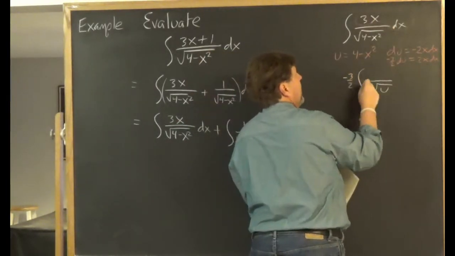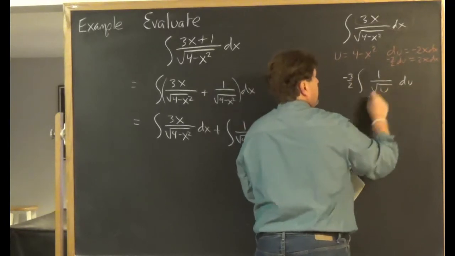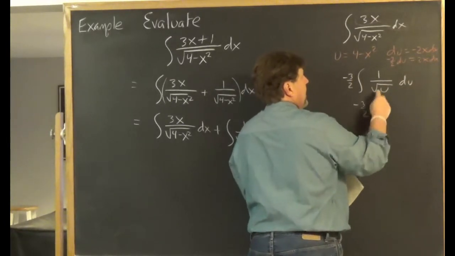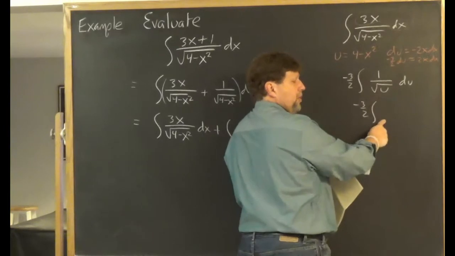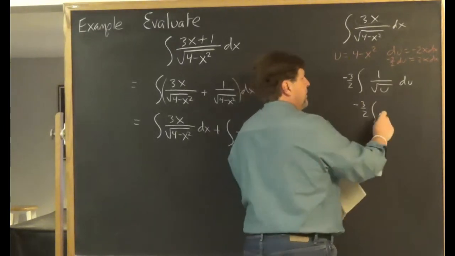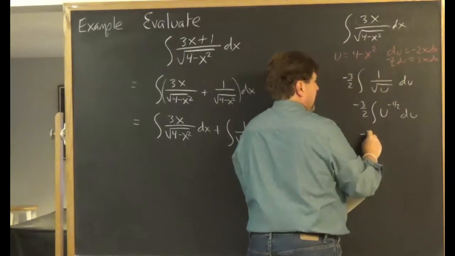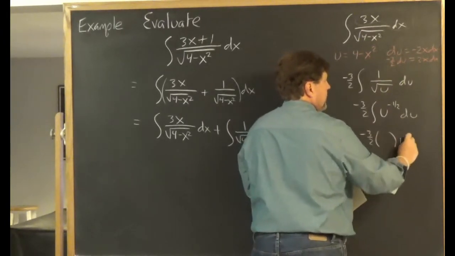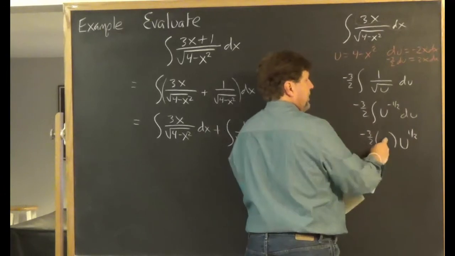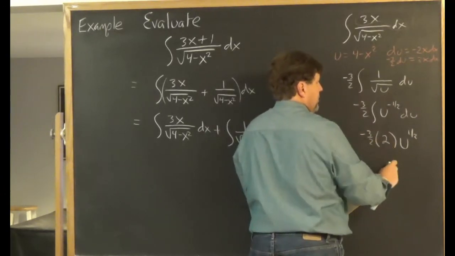So substitute negative 3 halves du in for the 3x dx. Rip the negative 3 halves out front. I would rewrite this as 1 over u to the 1 half, and 1 over u to the 1 half is u to the negative 1 half. Get an antiderivative: the new exponent is 1 half, and the little multiplier in here would be a 2.